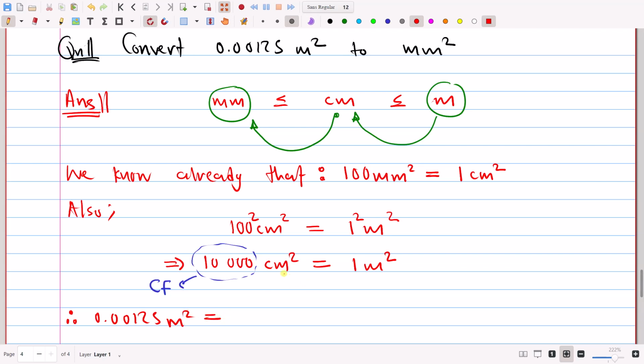I have 0.00125 meter squared. I can convert that to centimeter squared by multiplying by 10,000. I take 0.00125 and multiply by 10,000, and that is already in centimeter squared. If you multiply, you get 12.5.